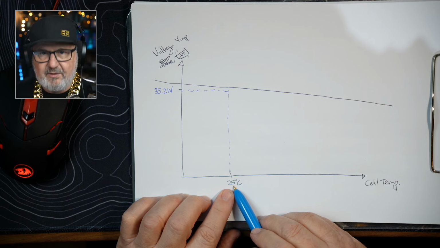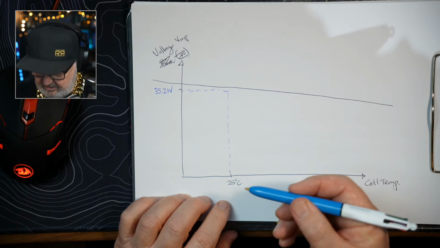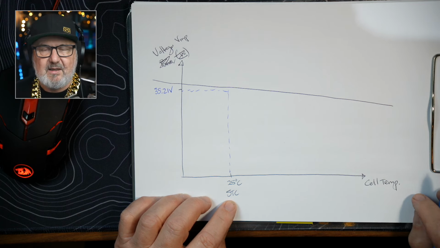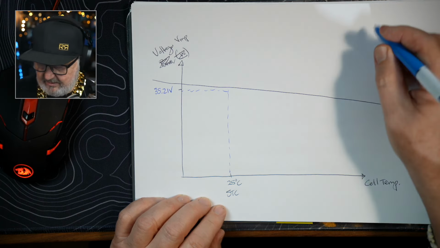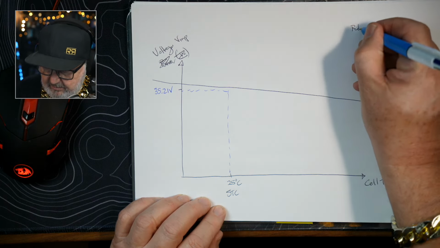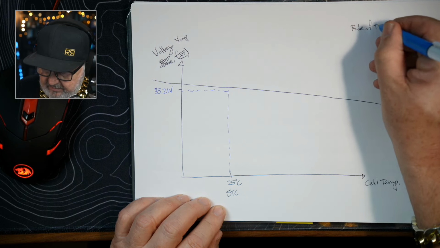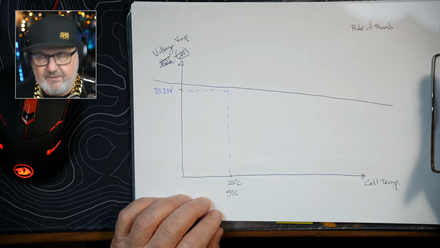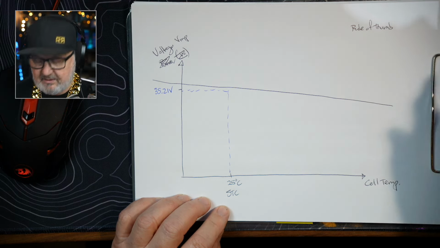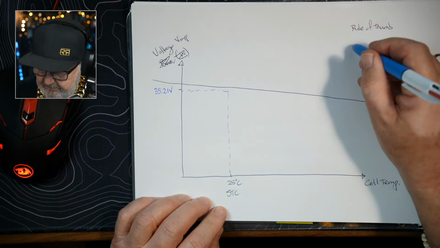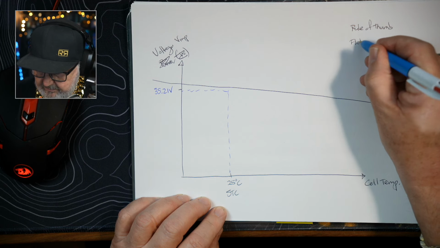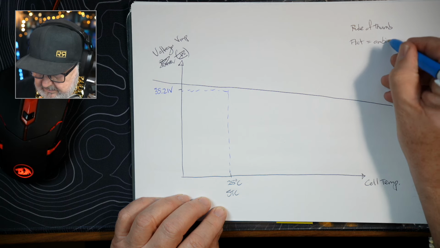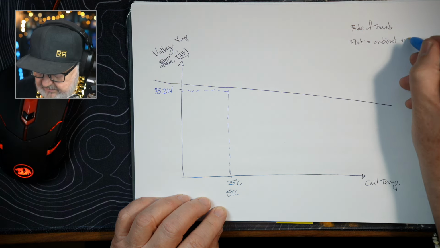Now 25 degrees Celsius is extremely hard to achieve when you've got full sun on a panel. Now the rule of thumb, this is where a little bit of guesswork comes in, is that depending on how a panel is mounted determines the amount of temperature rise from ambient. So rule of thumb is if the panels are flat on the roof, flat equals ambient plus 25 degrees Celsius.